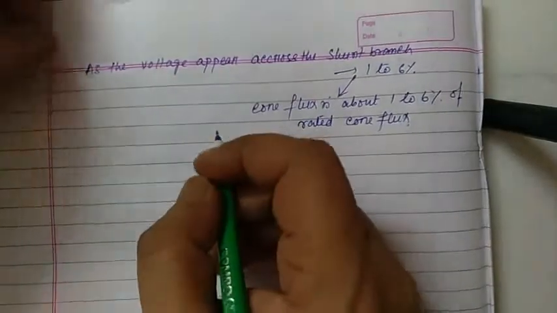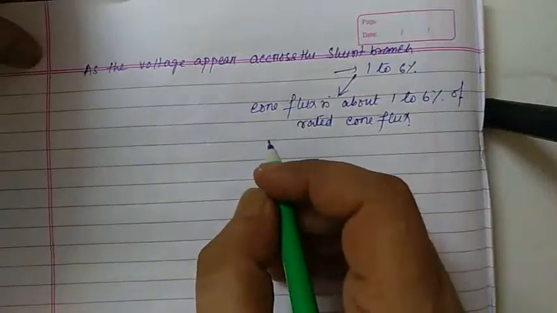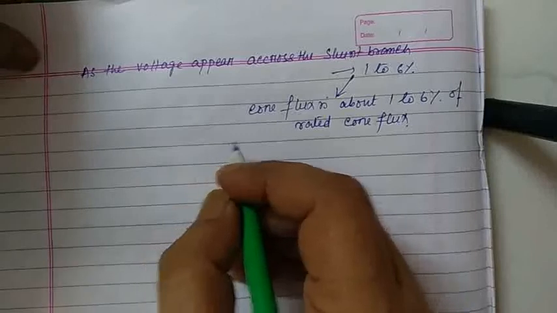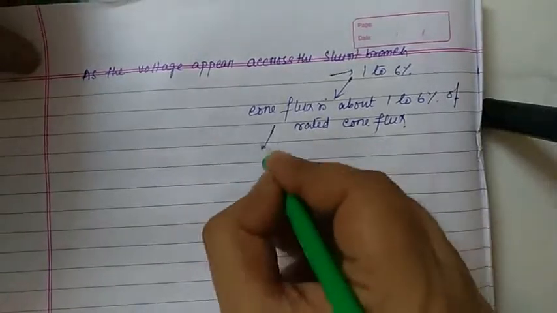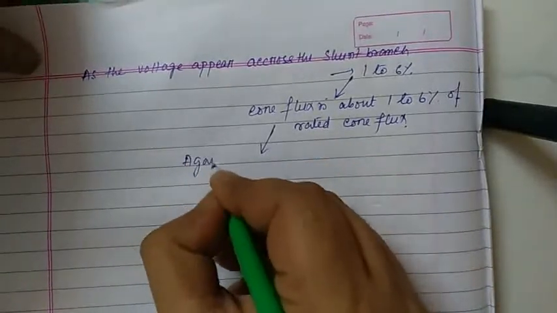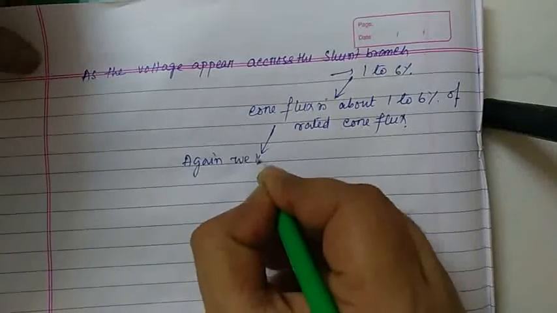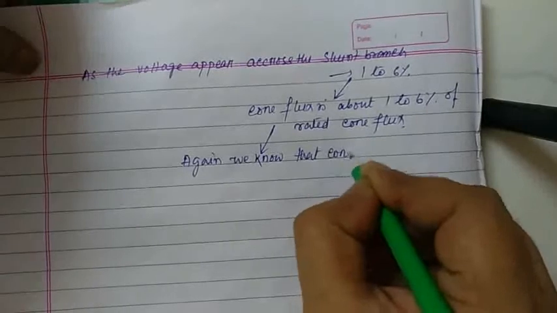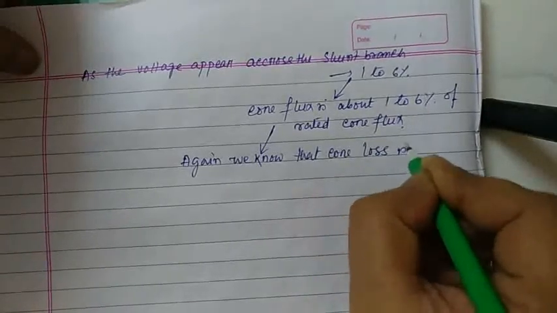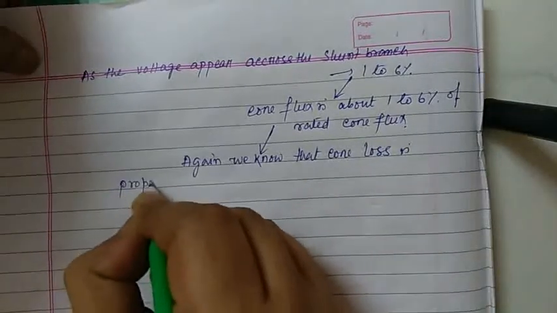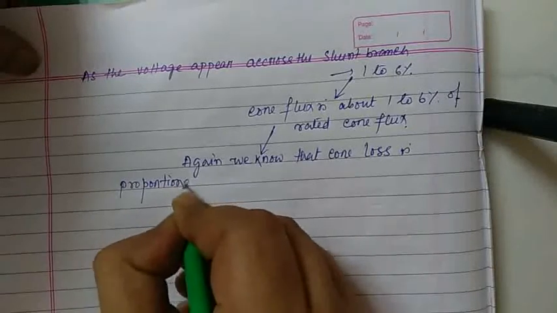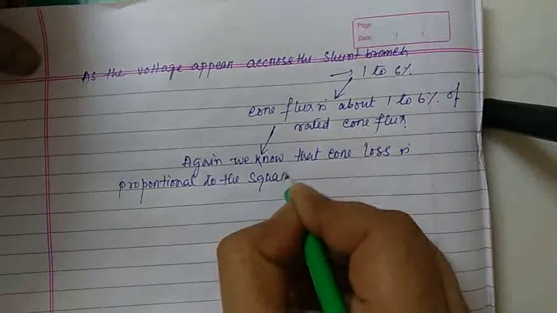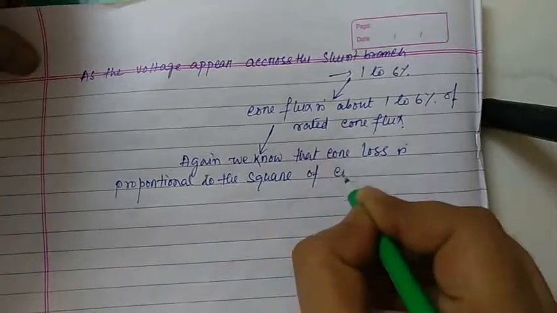Again, we know that core loss is proportional to the square of core flux.